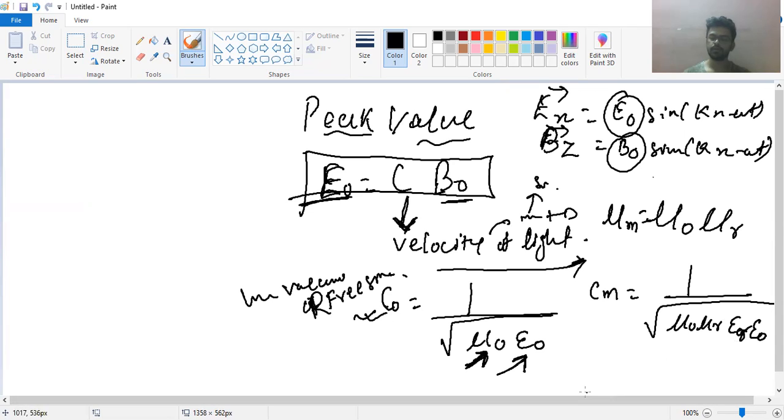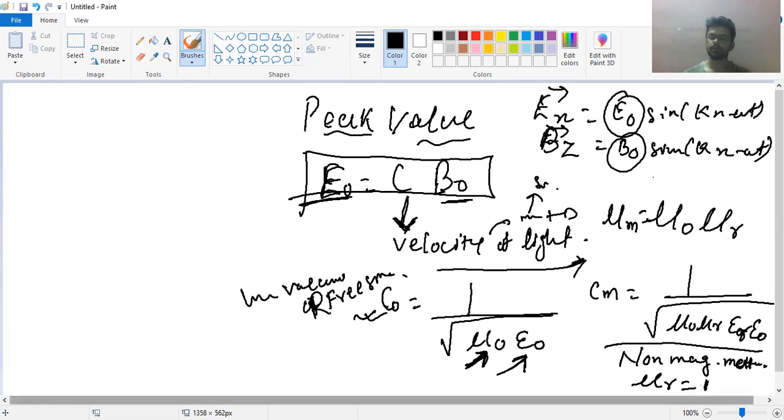It's simple. And for a non-magnetic material, mu r is equal to 1, the relative magnetic permeability is 1.